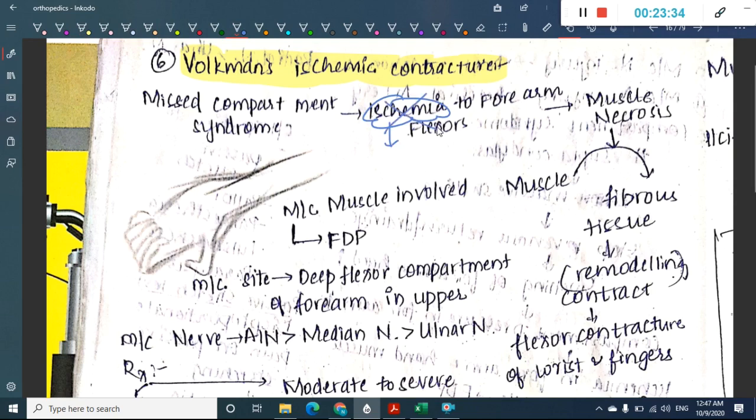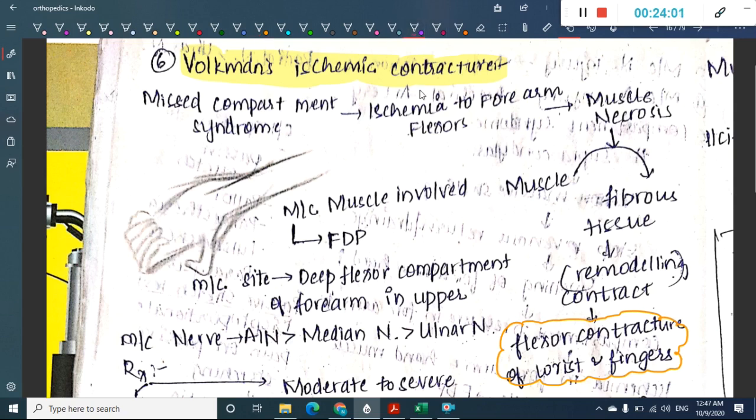These ischemic muscles will undergo necrosis, and because of this necrosis, the muscle is replaced by fibrous tissue, and this fibrous tissue undergoes contracture, causing flexor contracture deformity in the fingers. This flexor contracture deformity seen in the fingers is called Volkmann's ischemic contracture.